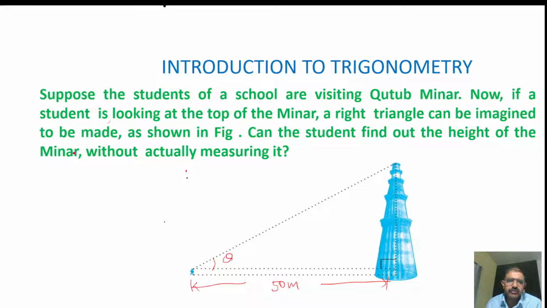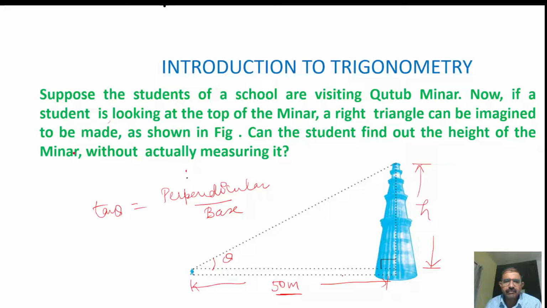One of the ratios that we will discuss later on is tan. Tan theta is basically perpendicular upon base. Here the height of the minar is the perpendicular, and the base is known to us, 50 meters, because we can find that out.